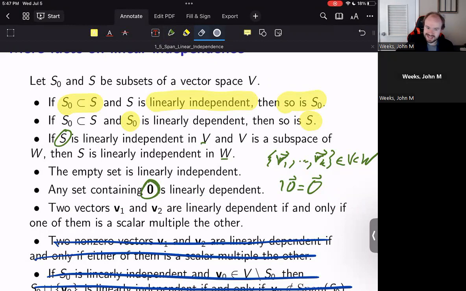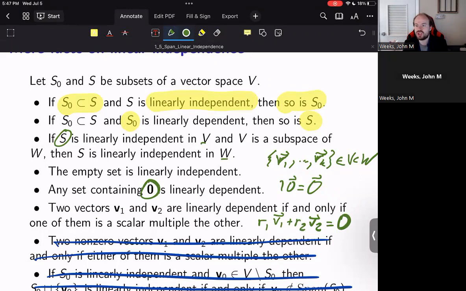Now, let's say you just take 2 vectors, V1 and V2. That's your set, just those 2. These 2 vectors are linearly dependent, that is, you can write some relationship R1 V1 plus R2 V2 equals 0. This only happens when one is a scalar multiple of the other, meaning you can write one as the other times a scalar.